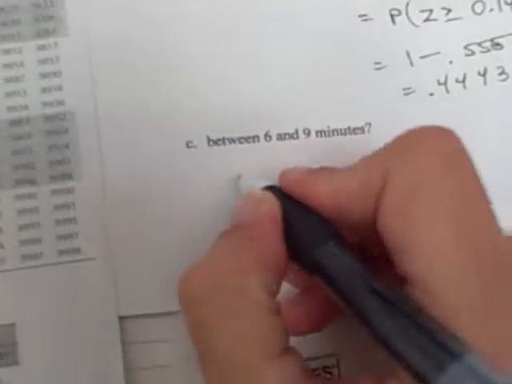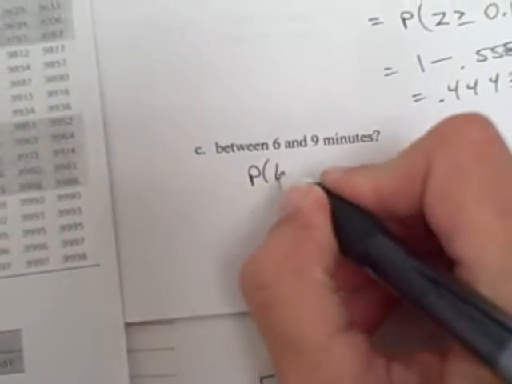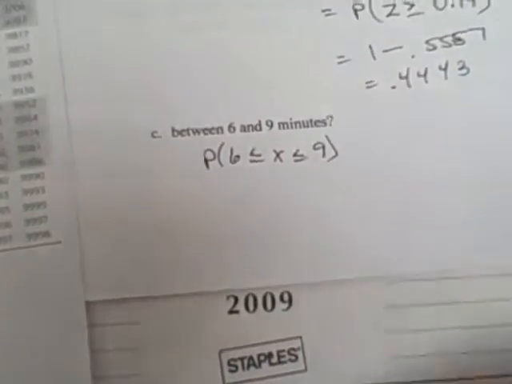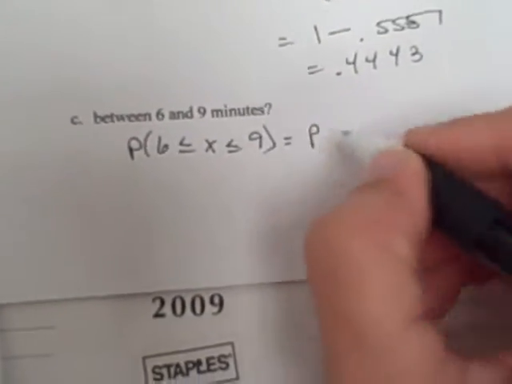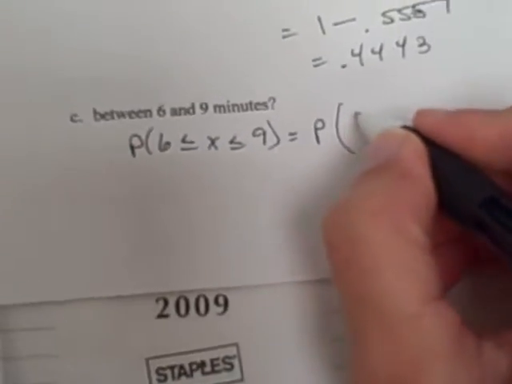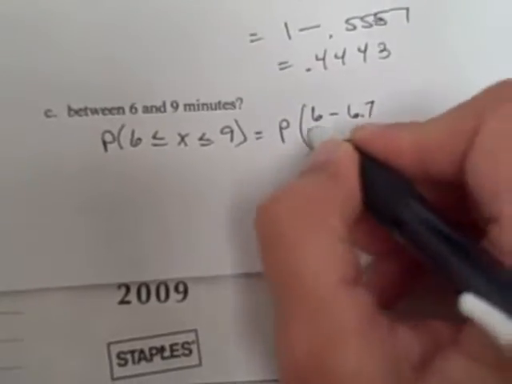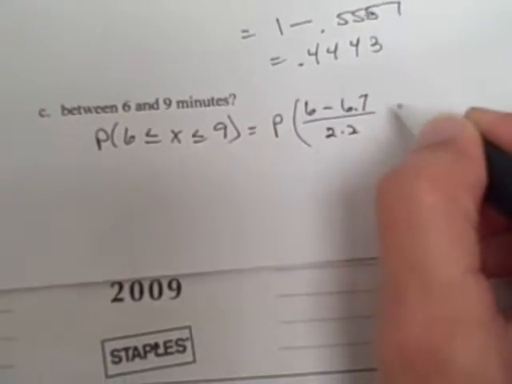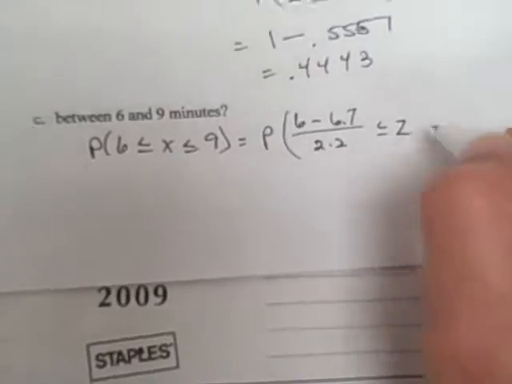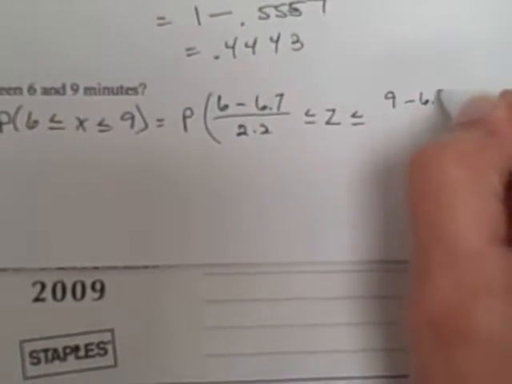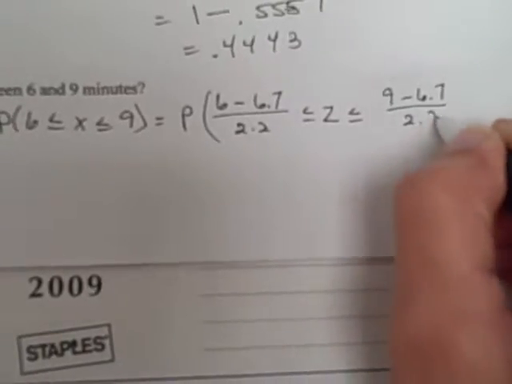And then, of course, we've got a between 6 and 9 minutes. So we want the probability that 6 is less than or equal to x is less than or equal to 9. So we're going to change these into z's. This is the probability, x minus mu over sigma. So 6 minus 6.7 over 2.2 is less than or equal to z is less than or equal to 9 minus 6.7 over 2.2.